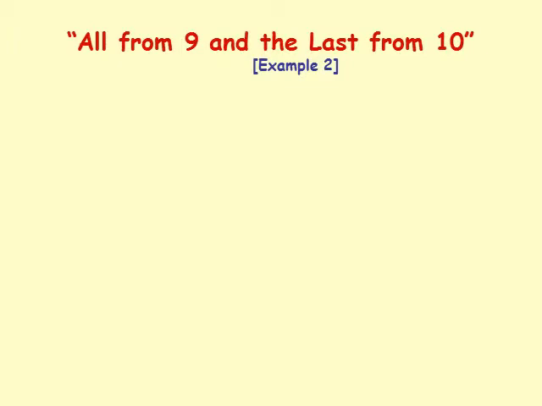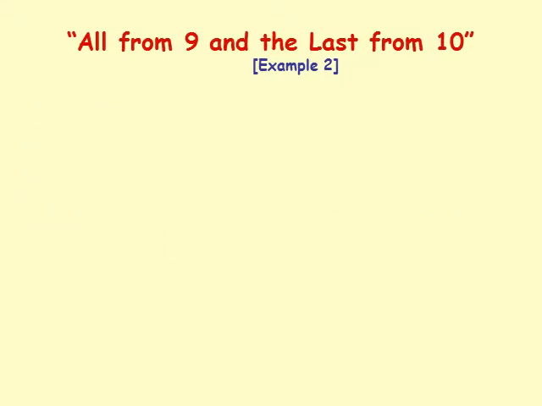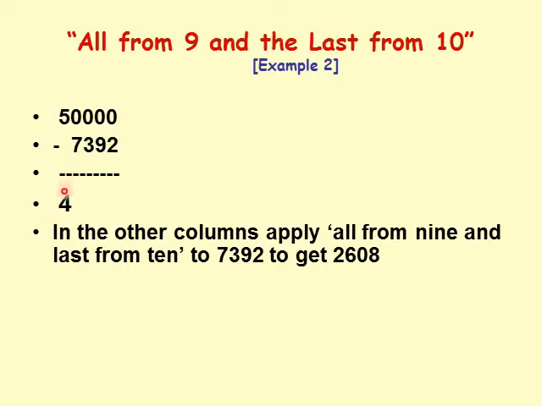Let's look at another example, which is 50,000 minus 7392. It's the same format: a non-zero digit followed by zeros. In the leftmost column where we have 5 in the first line, we apply 1 less than before to get 4. So in the 10,000 place we get a 4.